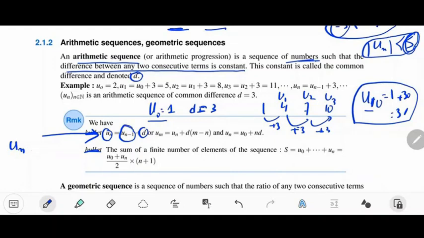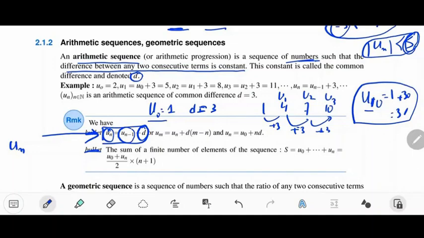When I say Un minus 1, it's the content of the box of index n minus 1. So it's the box right before Un, right before the box number n. Okay, so how should you read this formula? You should say any box is the box before plus D. Okay, and it can be applied to any box.